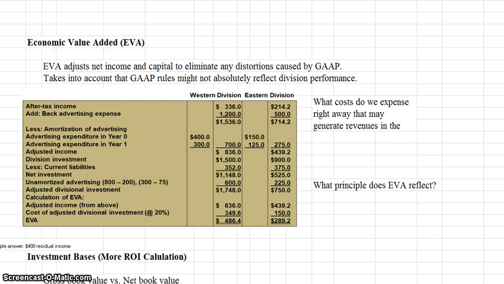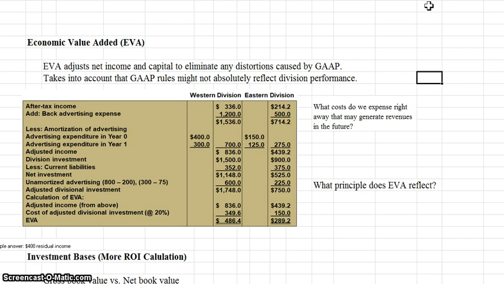But there are some things that could definitely have an effect on a current period net income that is actually producing revenues in the future. So let's think about what are some costs that we expense right away that may help generate revenues in the future.